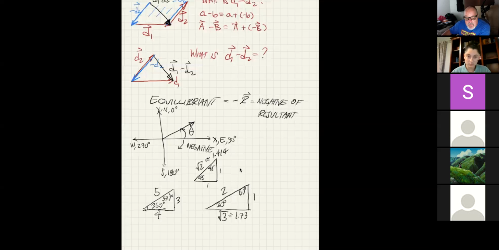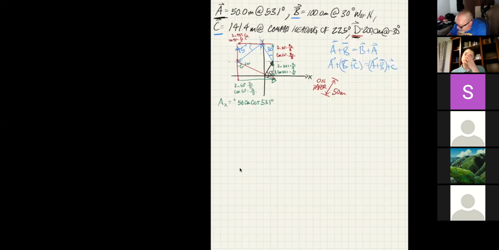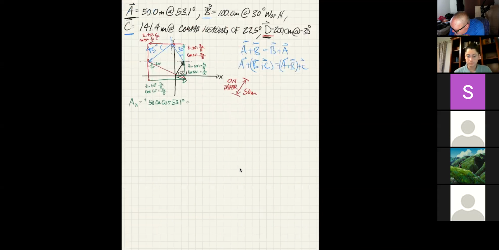So 3/5 times 50 is going to give me 30.0 meters positive. A_y is going to be 50.0 meters times the sine of 53.1. If you looked at that special triangle again, you'd see that's 4/5, so this is going to be 40.0 meters.